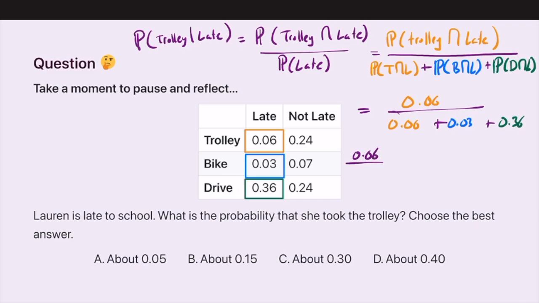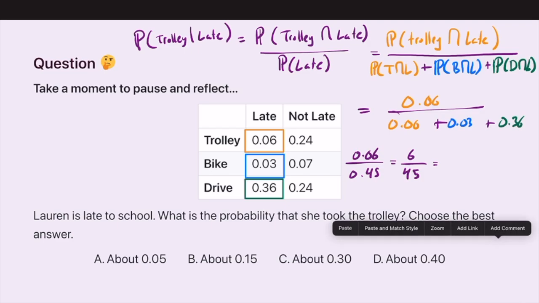And we can say 0.06 over 0.06 plus 0.03 plus 0.36, which is 0.45. We can say this is like saying 6 over 45, which is about 0.15.